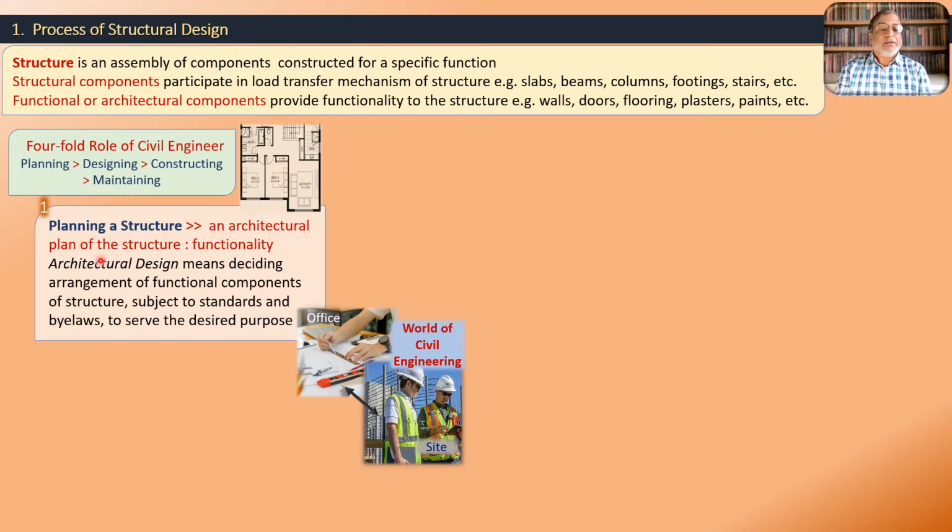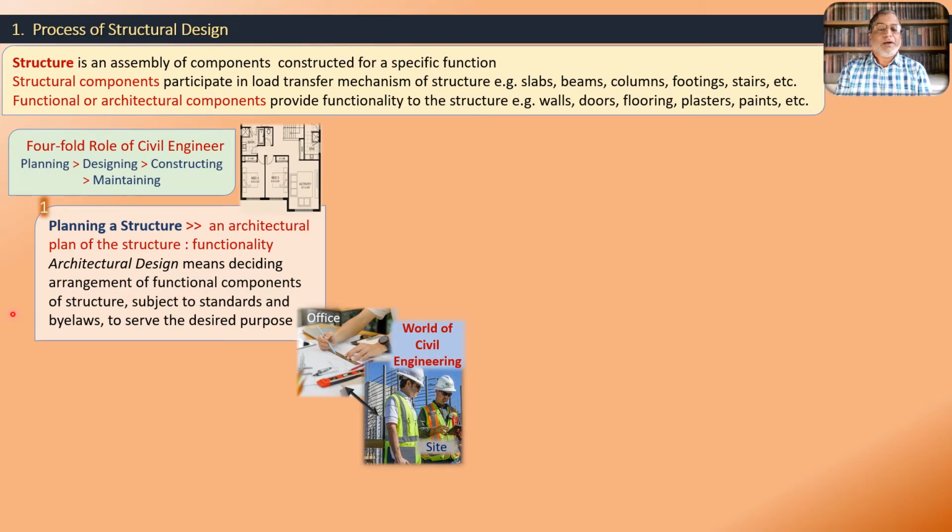An architectural plan of the structure is a plan showing the decisions related to the arrangement of functional components of the structure. Functional components, as we have seen, are the components which are directly related to the purpose of the structure.